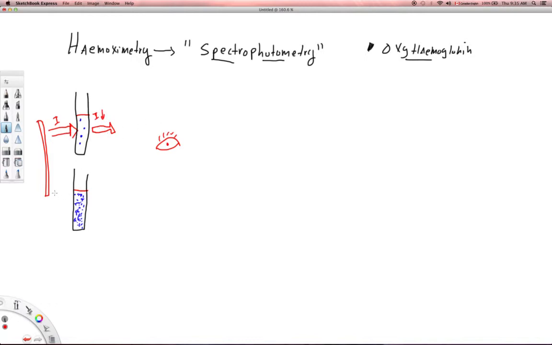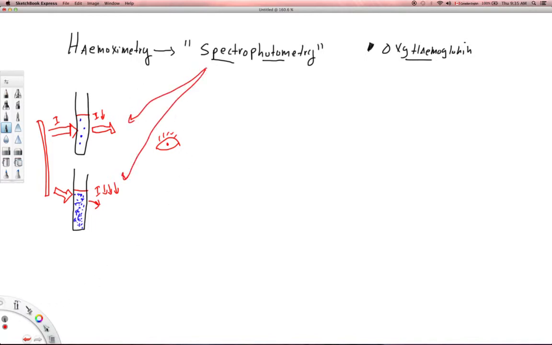However, if I go down here and shine light of the same intensity and same wavelength, there's more oxyhemoglobin here, so more of that will get absorbed, and the intensity is going to be much lower down here. Okay? So that really is the fundamental concept. This is spectrophotometry right here.